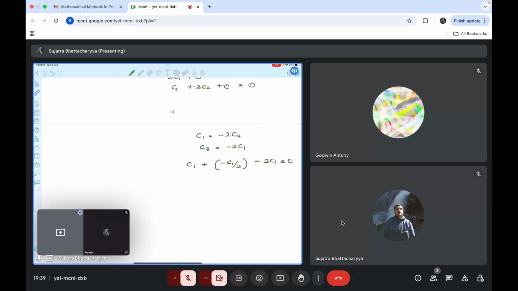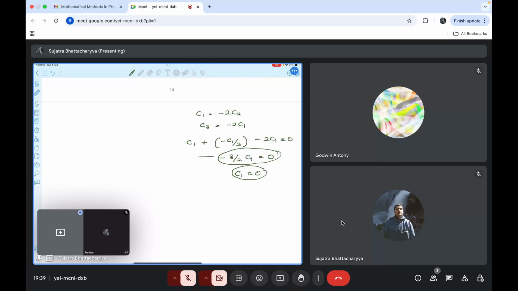So it will be 1 minus a half minus 2, that is minus 3 by 2 C1 is equal to 0. So C1 should be equal to 0.